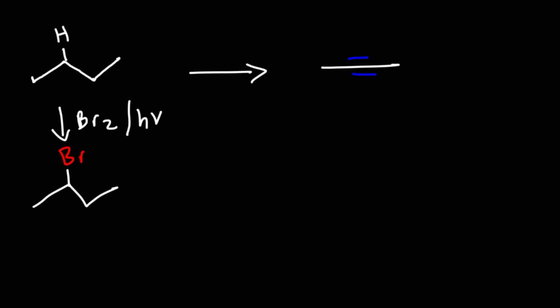Now once we have 2-bromobutane, what we could do is use sodium ethoxide in ethanol to get an E2 reaction. This is going to form a double bond.